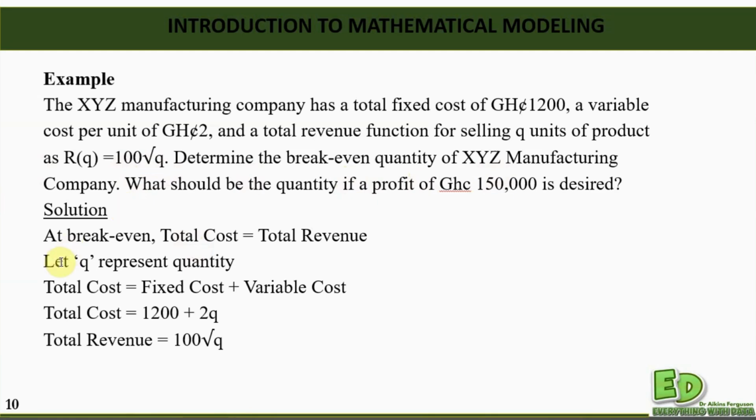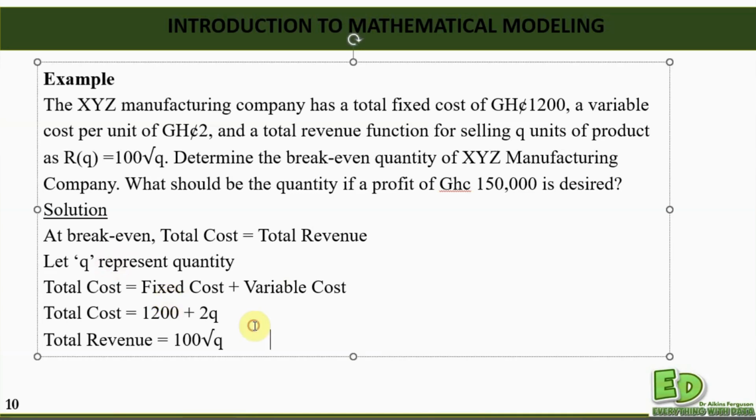At break-even, we know that total revenue is equal to total cost. And then we let Q represent the quantity that we are looking for, right? So we say that total cost is equal to total fixed cost plus total variable cost. The total fixed cost is 1,200 here, plus the variable cost is 2 times the quantity that will give us 2Q.